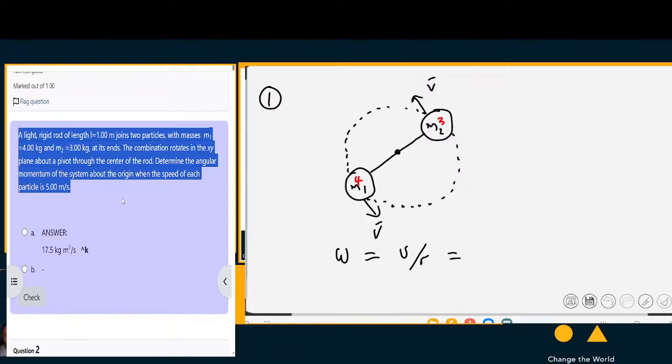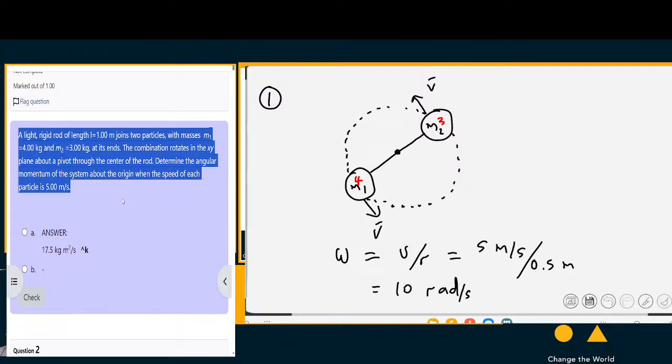The velocity they told us is 5 meters per second, and the radius in this case is 0.5 meters. So the angular speed therefore is equal to 10 radians per second.